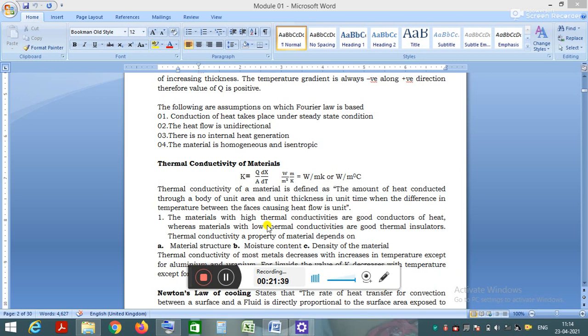The unit for thermal conductivity of the material is watt per meter Kelvin or watt per meter degree Celsius.